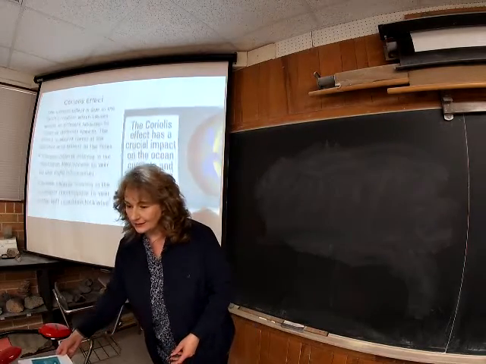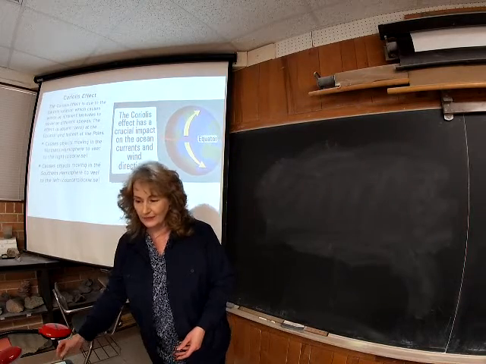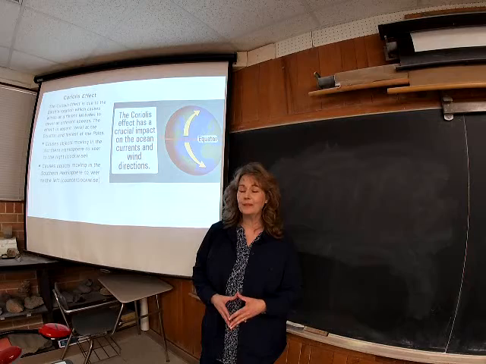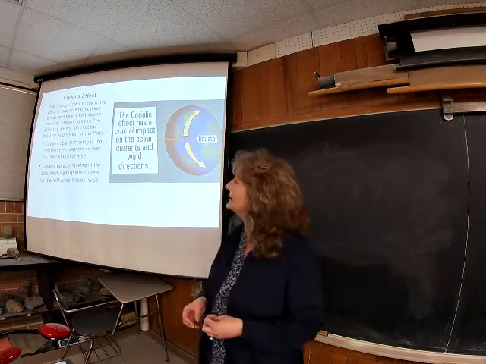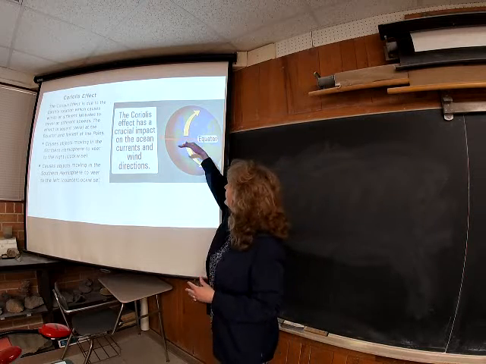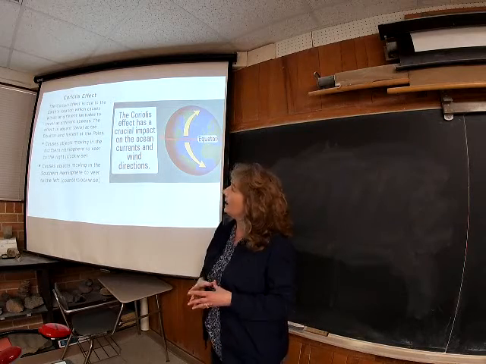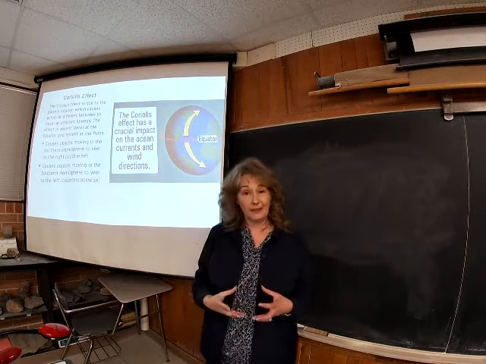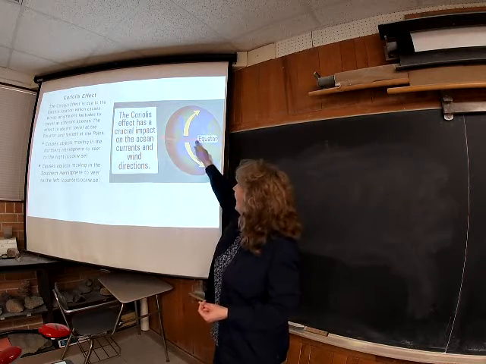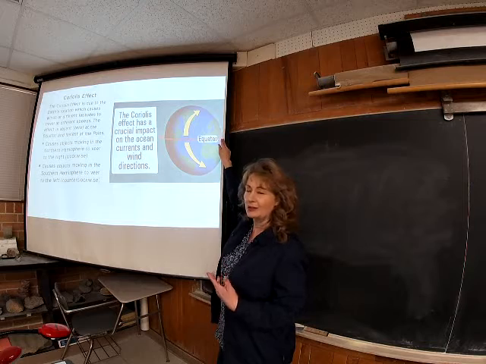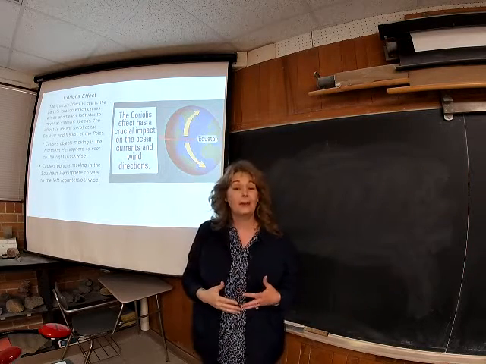I had this as a little extra document here. I don't believe this is in your PowerPoint, but the Coriolis effect is due to the rotation of the Earth, and it causes winds at different latitudes, north or south of the equator, to travel at different speeds. It's essentially zero at the equator, no motion, to being fastest at the poles.